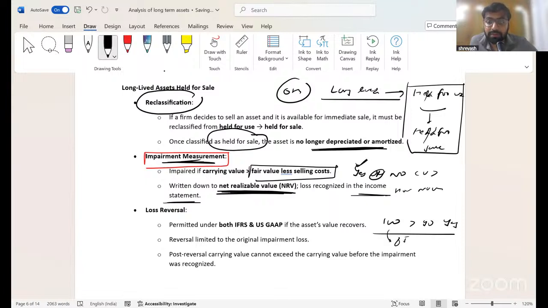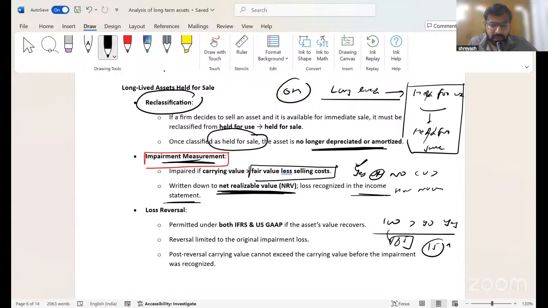You will recognize that asset at 85, and 15 rupees will be recognized as loss due to impairment that resulted from reclassification.